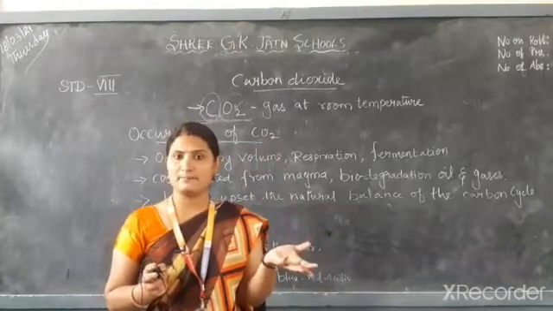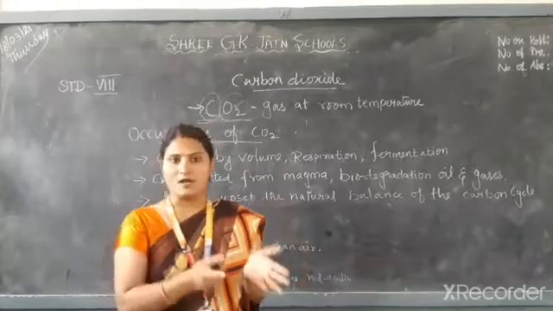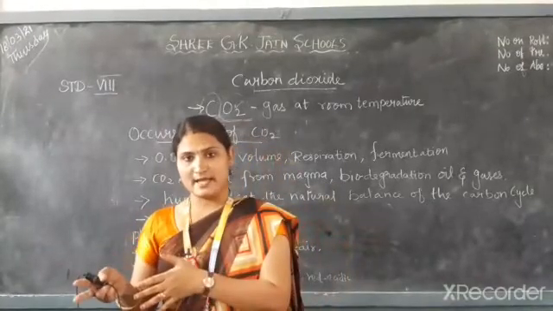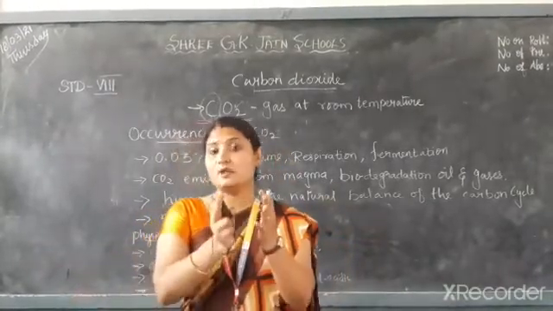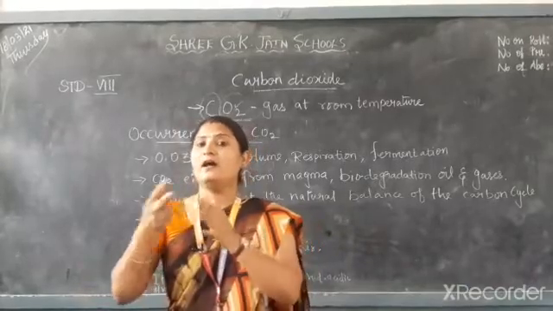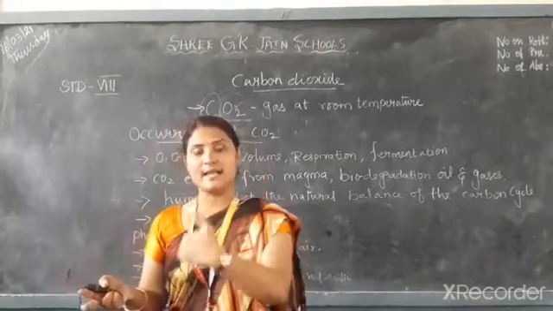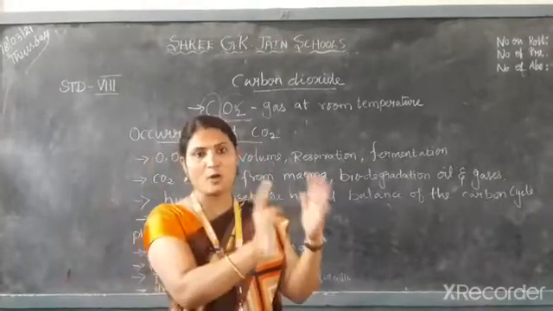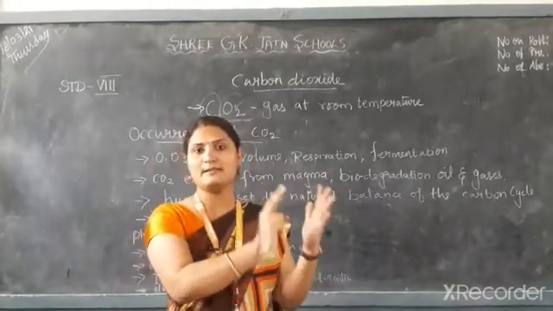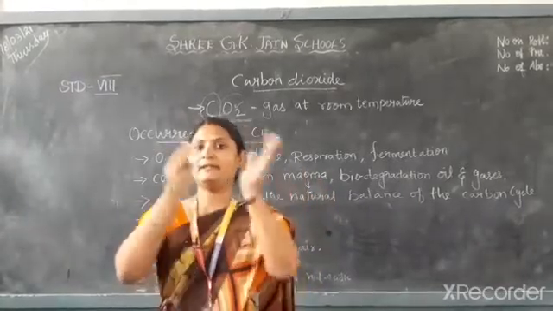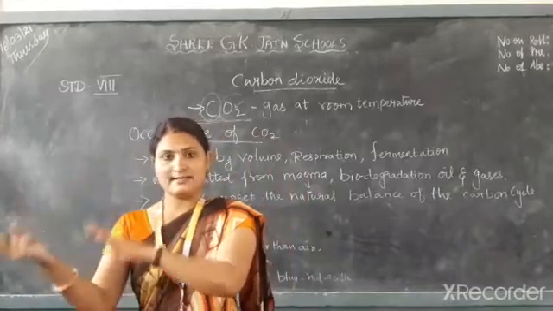So what is meant by sublimation? Ordinarily, the solid state of matter will be turned into a liquid state, and only then will it be turned into a gaseous state.